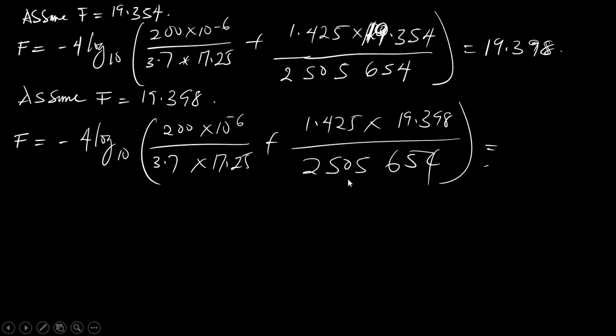So we have minus 4 log bracket open 200 times 10 raised to power minus 6 divided by 3.7 divided by 17.25 plus 1.425 times 19.398 divided by 2505654.